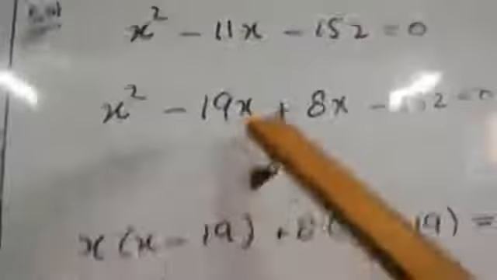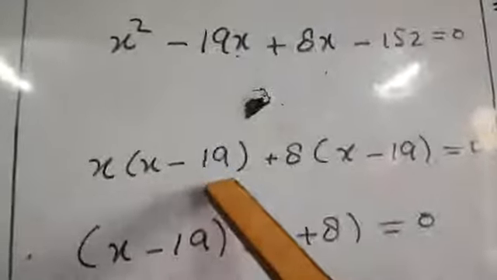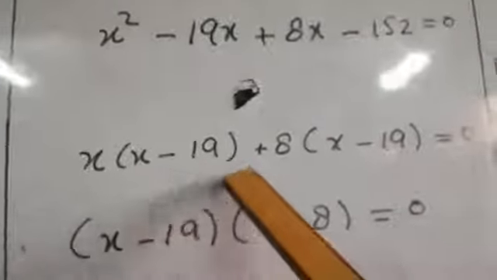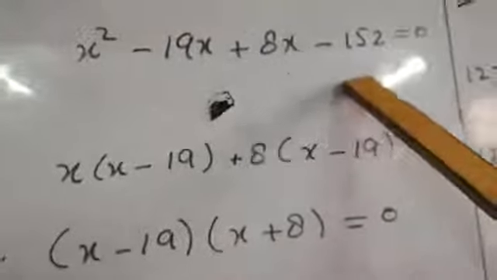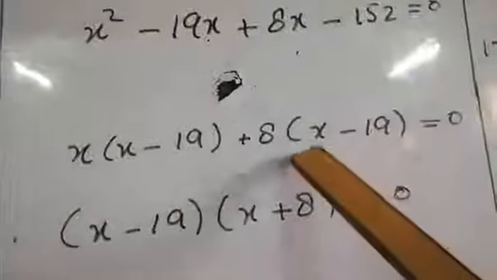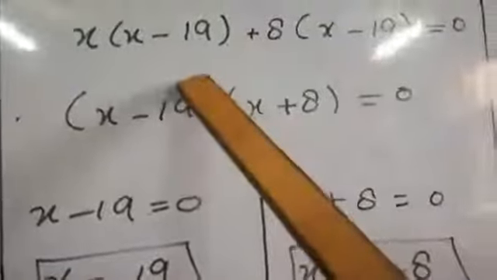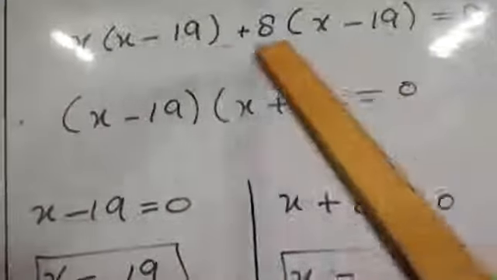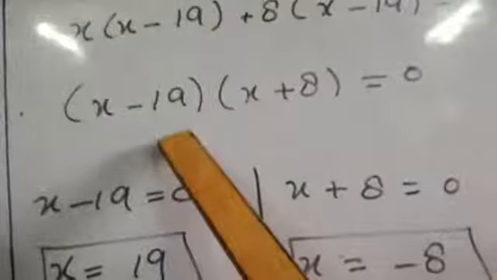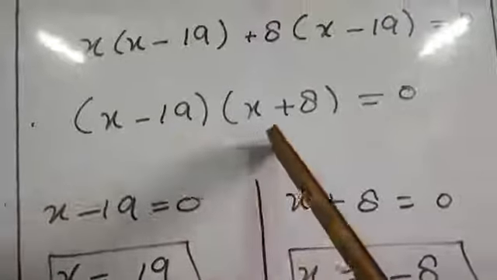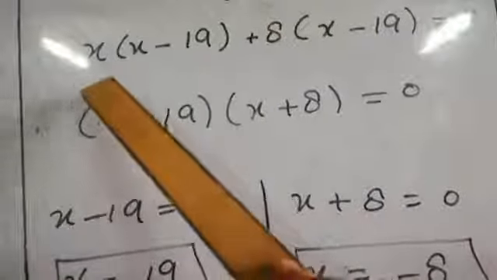Now in the next step we will take x as common from the first two values, so it will become x into x minus 19, and we will take 8 as common from the next two values. It will become 8 into x minus 19. You can see that x minus 19 is again common. So we will take x minus 19 as common, and it will become x minus 19 into x plus 8 equals 0.